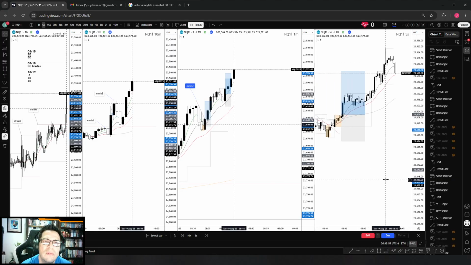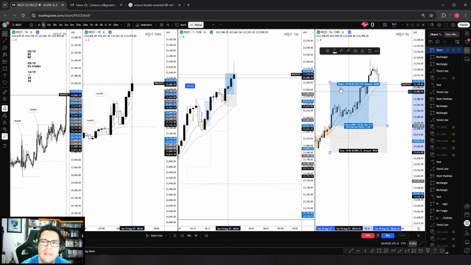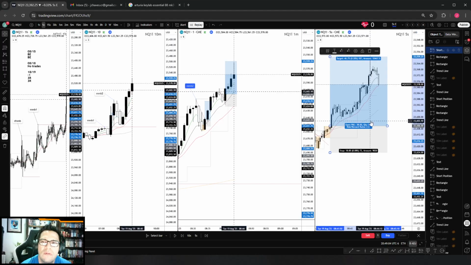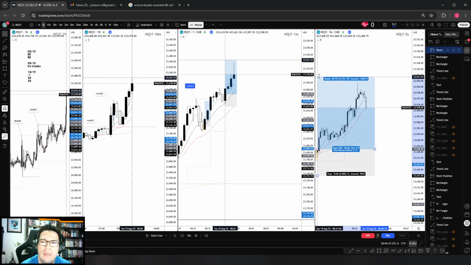That one as well would have been a very nice trade. Certainly at this point, or even this point here, we would have moved that one to break even.